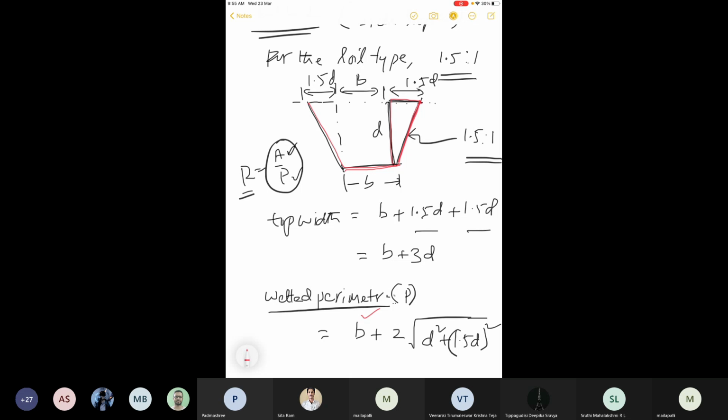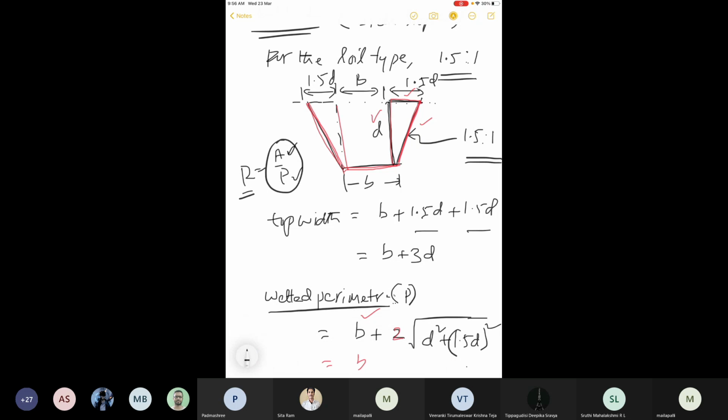So knowing this value and this value, you can find this value, that is D square plus 1.5 D square. Since there are two lengths, this is another length, you have to multiply with 2.